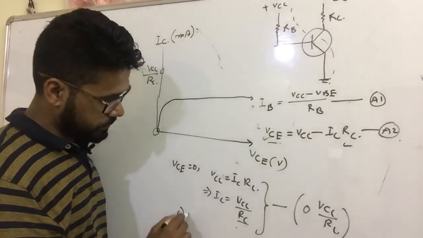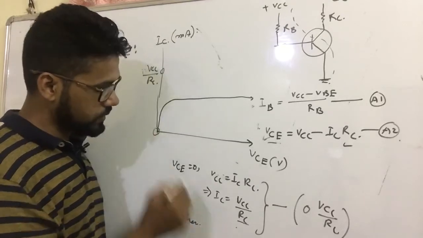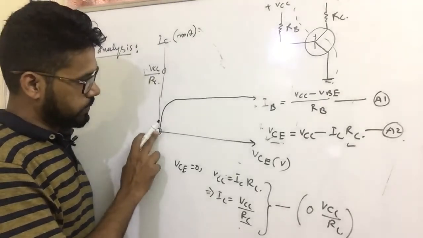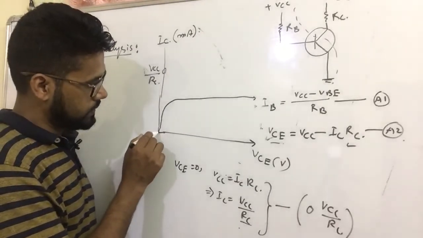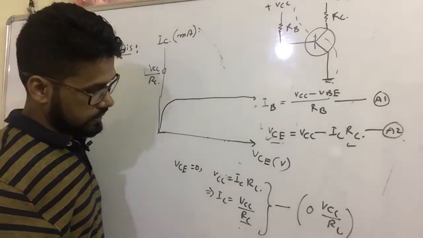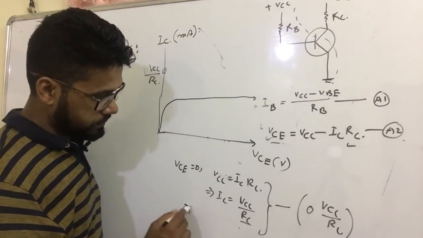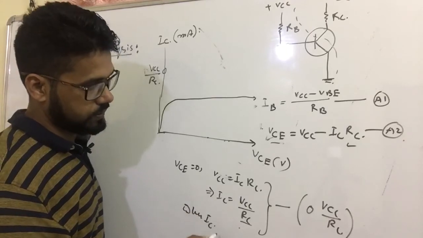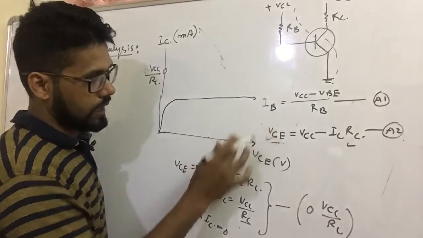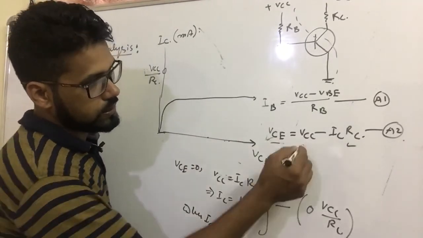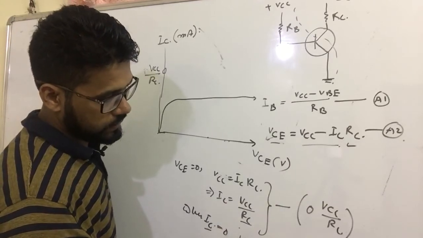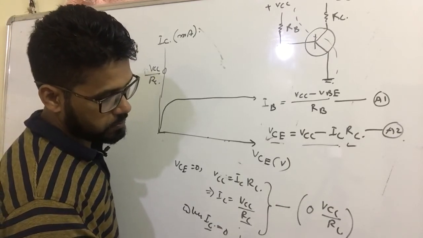Similarly, at this point, or you can consider any point. Now when IC is 0, on the axis of the VCE, using this equation, VCE equal to VCC.